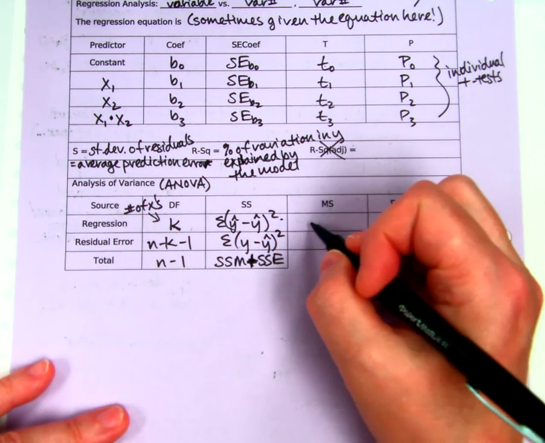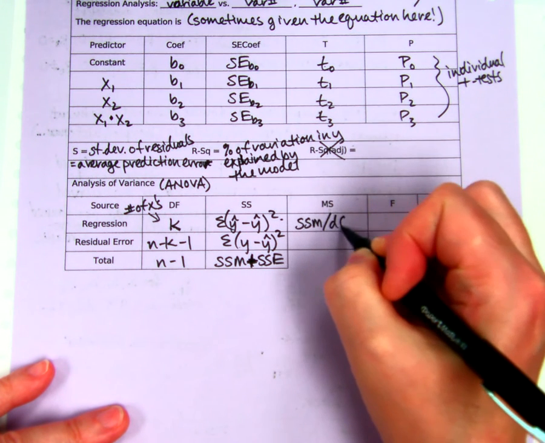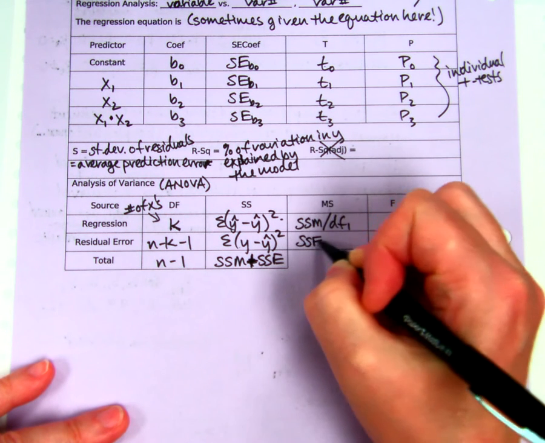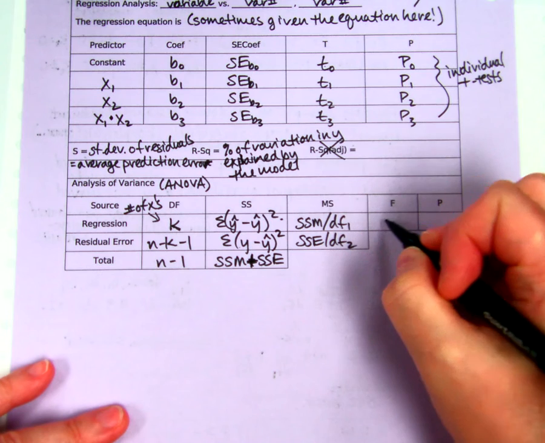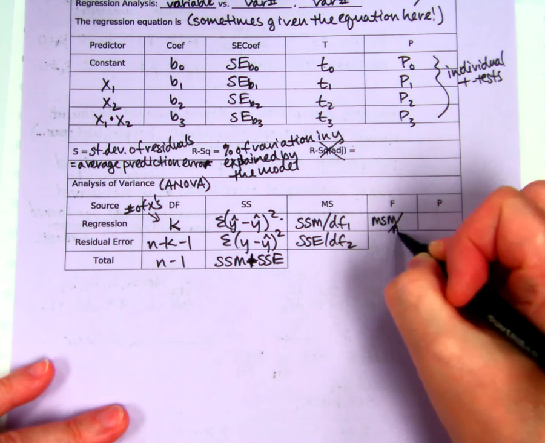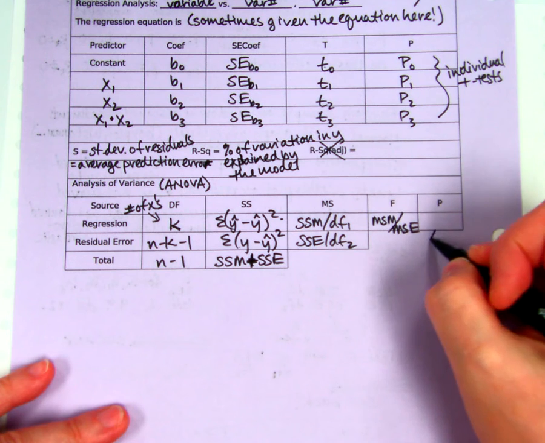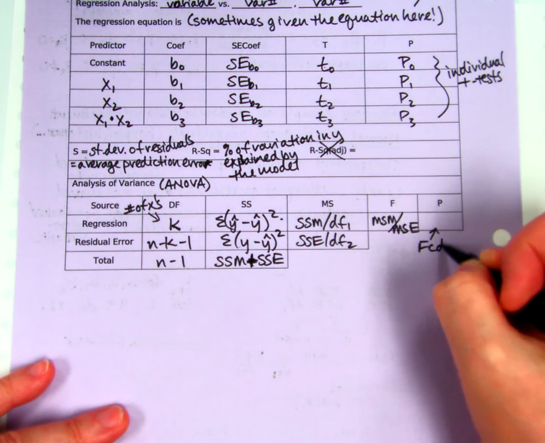We're not going to make you do that. This is SSM divided by DF1. This is SSE divided by DF2. This is MSM over MSE. And then the p-value you would find by doing FCDF and all of that.